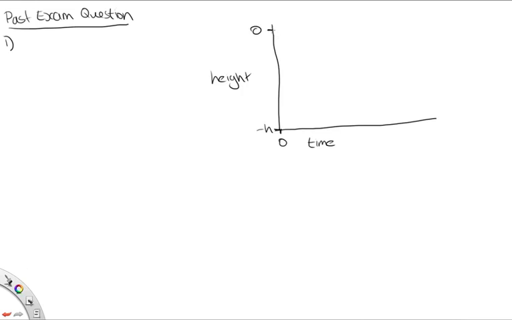Okay, so the scientist drops the stone and it accelerates downwards, and so as it accelerates downwards, that's going to follow a parabolic trajectory like this. And here's the stone hitting the bottom, so this is time t1 here. So from here to here, this is distance h, which is the height of the well.